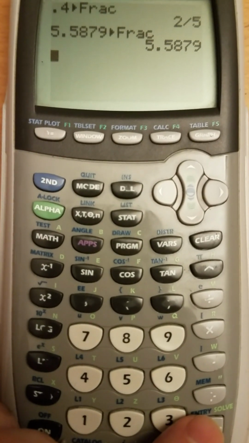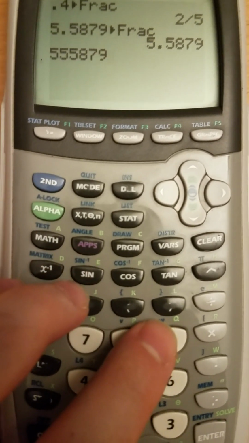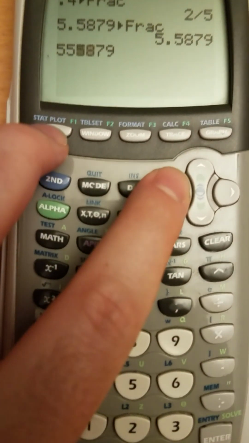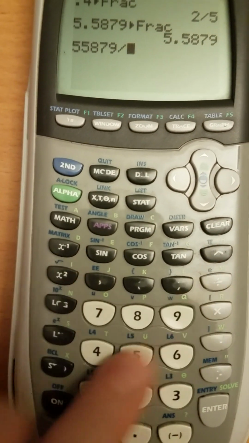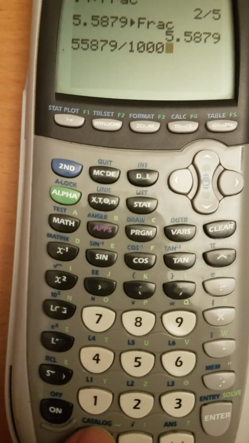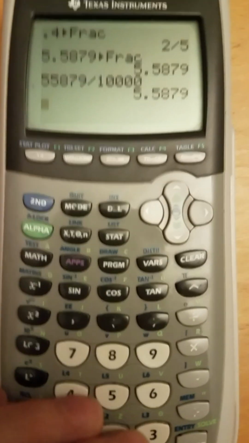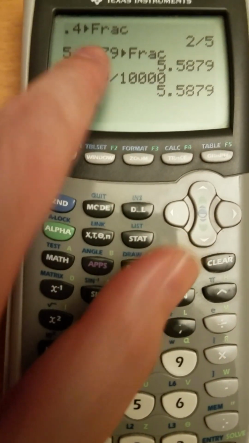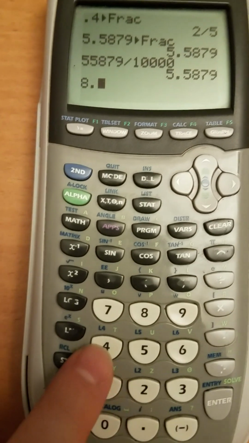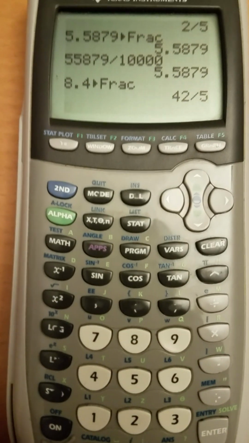I mean, it could give me like 55879 divided by 10,000. That would give me the same thing, but it doesn't always show it for these longer decimals. But for simple ones like say 8.4, it should give me a fraction that's reasonable.